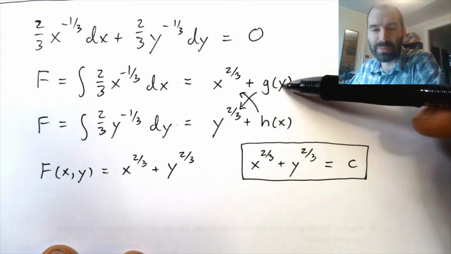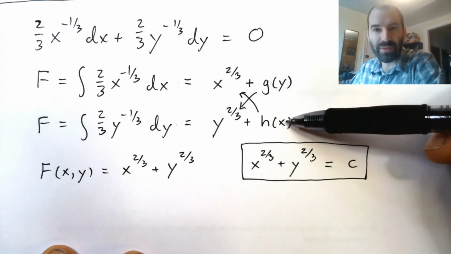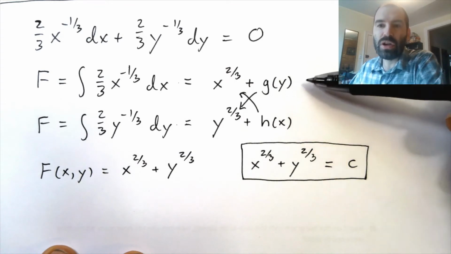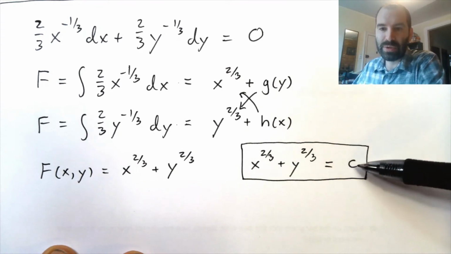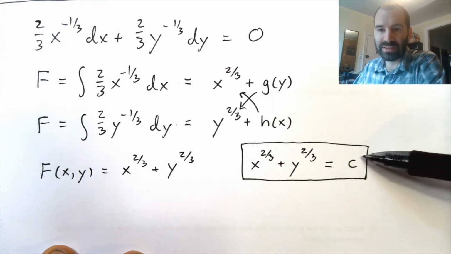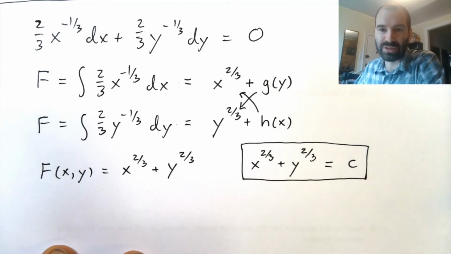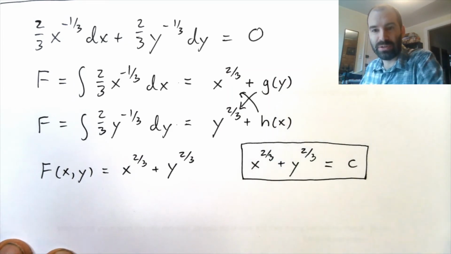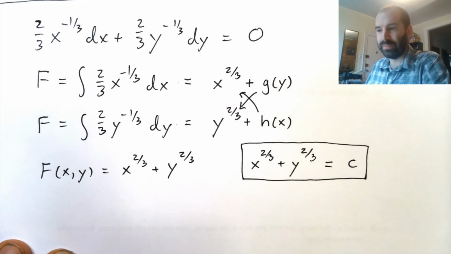It doesn't have to just be purely a function of y. And this could have its own plus c, maybe a c1 over here and a c2 over here. Yeah, you could introduce those, but it's not going to matter because when you set them equal to a constant, you could just subtract them off. And when you subtract all those constants together, you end up with a new constant, so we're just calling that c. So you don't need to think about those extra constants when you do this because we're going to have a constant on the right anyway.